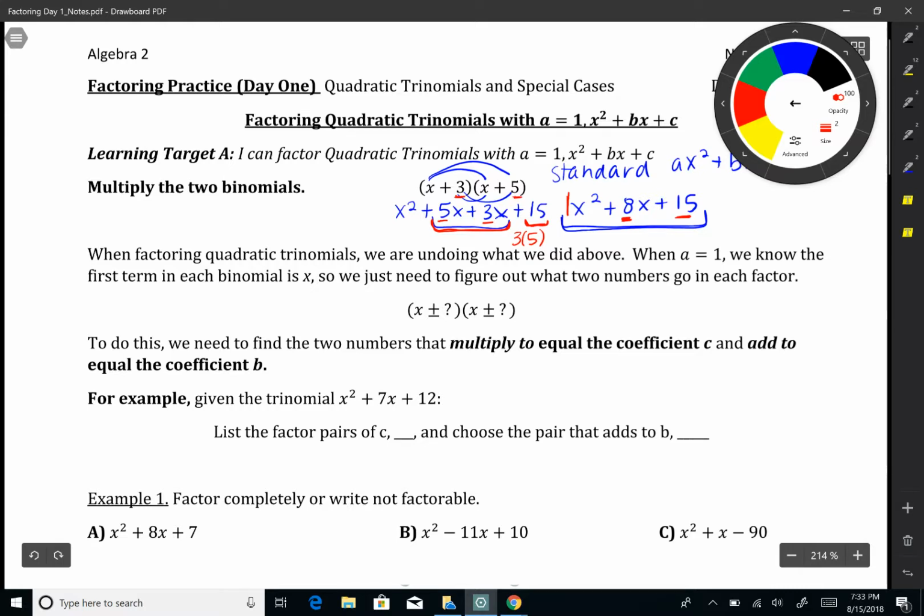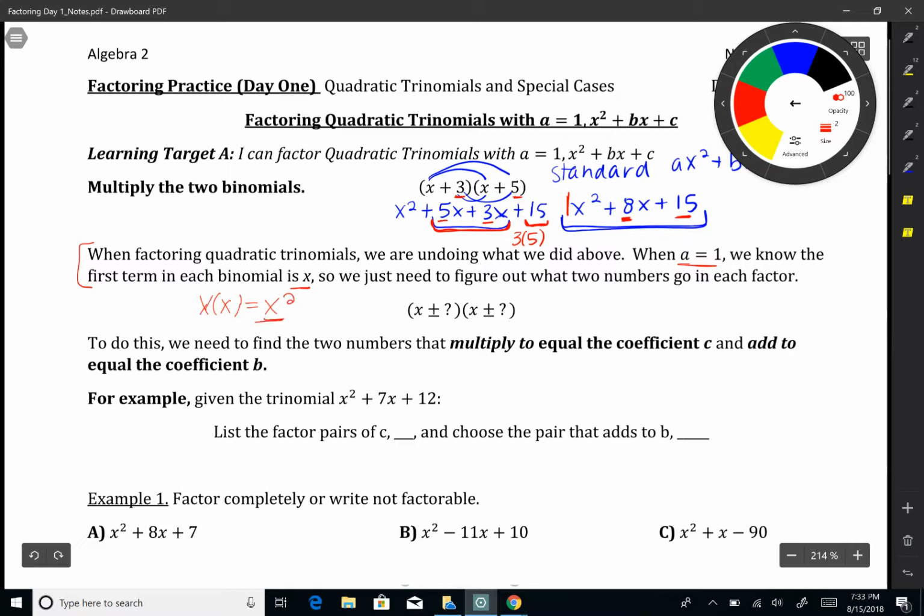So in this next little section, it says, when factoring quadratic trinomials, we are undoing what we did above. When a equals 1, we know the first term in each binomial is x. Reason for that is the only thing that's going to give us x squared is if we just take x times x, okay? So we know that right off the bat.